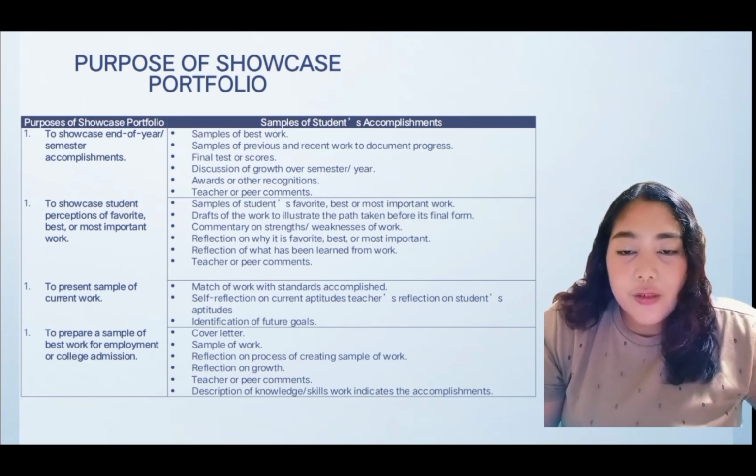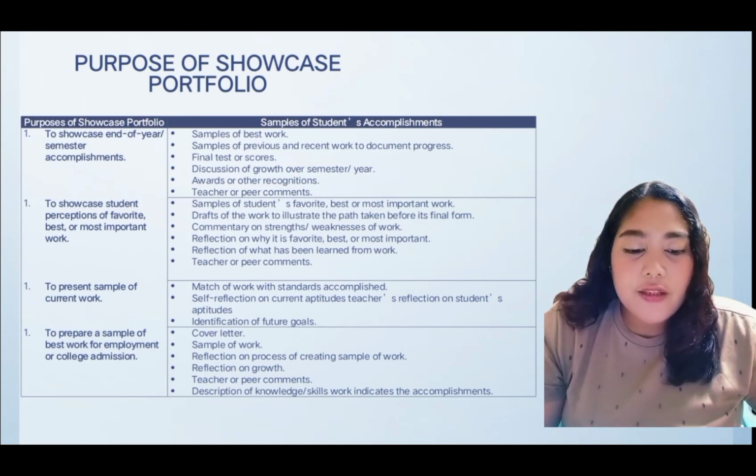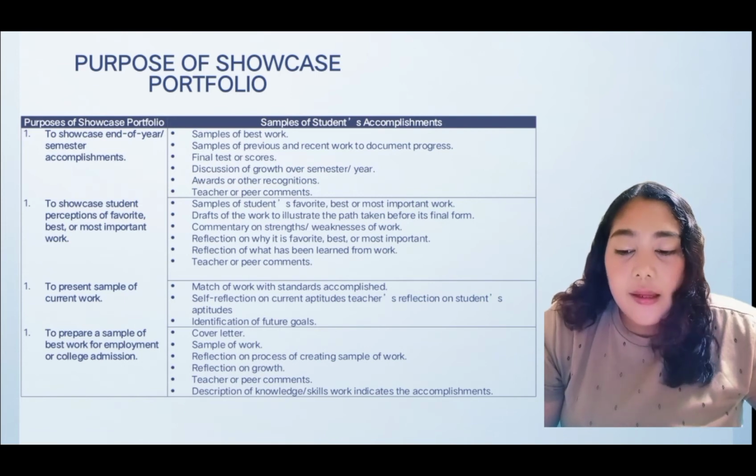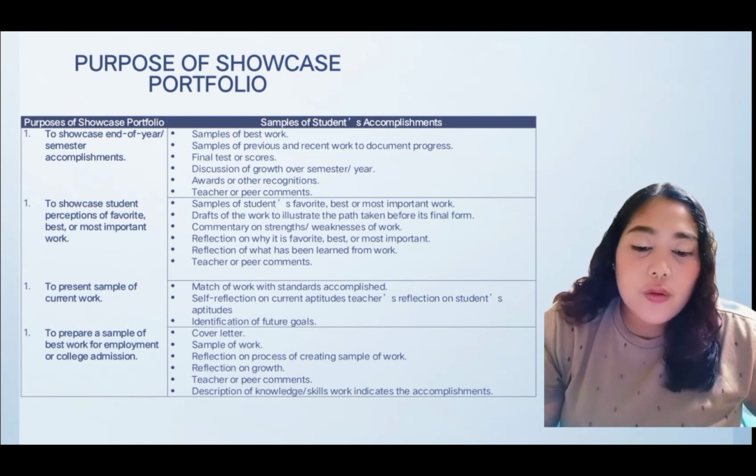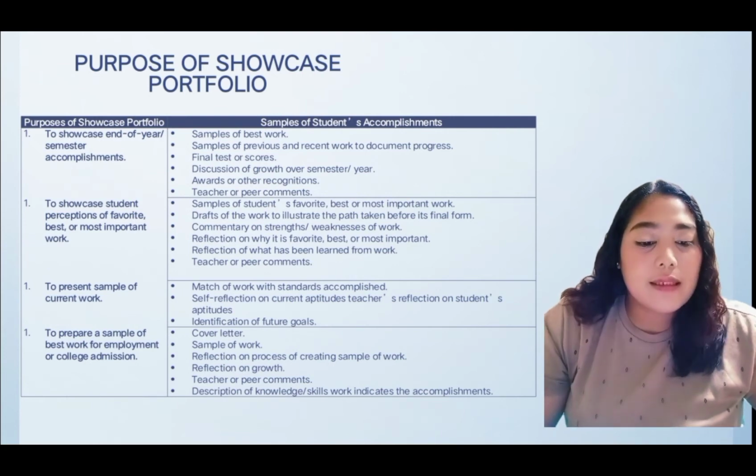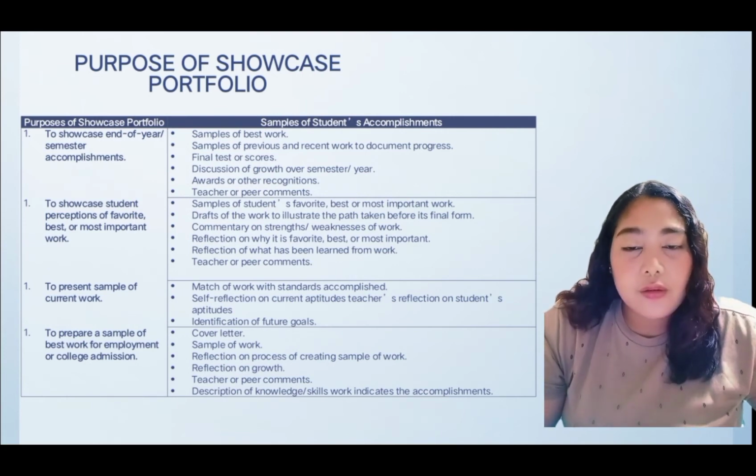Students can increase their online presence and be visible so that others can get the best glimpse of their work. Having an electronic showcase portfolio means that students can keep adding to their work. Since showcase portfolios show only one's best work, the reflection process requires greater depth and perception than other types of portfolio.